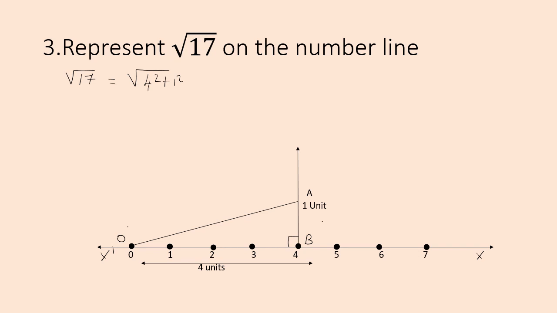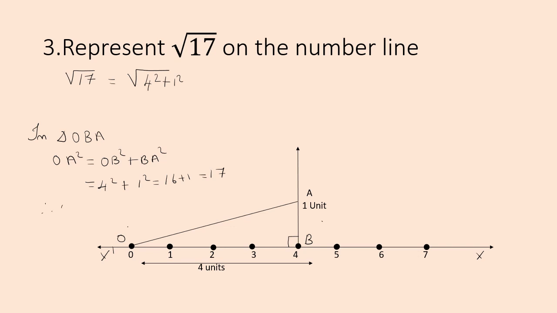Now in triangle OBA, OA square equal to OB square plus BA square. OB is 4, so 4 square plus BA is 1 square, that is equal to 16 plus 1, that is 17.